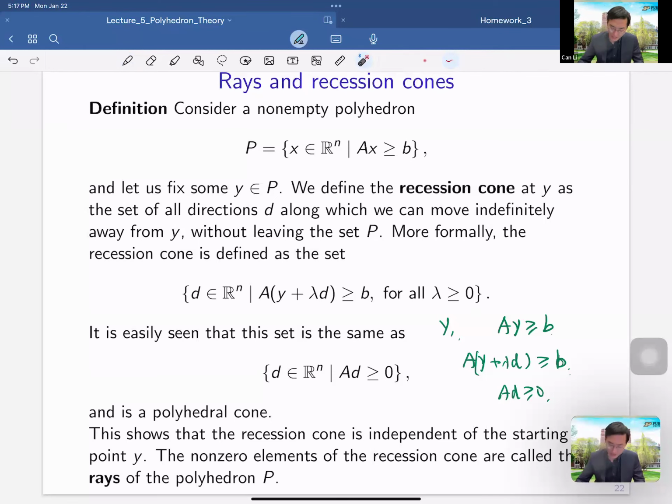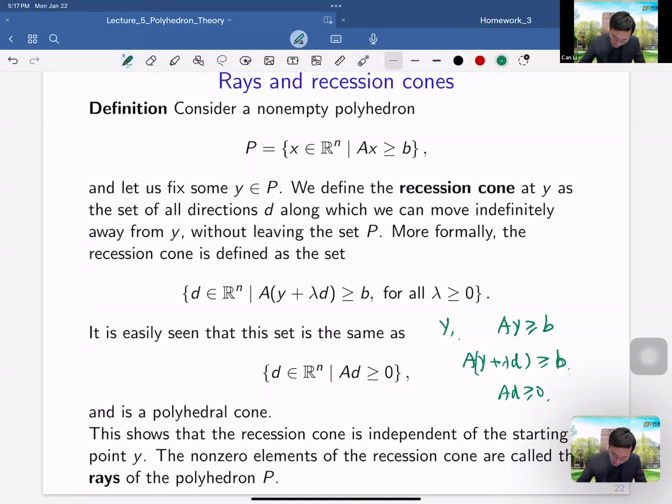Okay, so that shows that when d is in this cone here, it is a part of the recession cone. Now we have to show that if d violates this constraint, it will not be in the recession cone. Okay. So in order to show that, you can argue by contradiction.